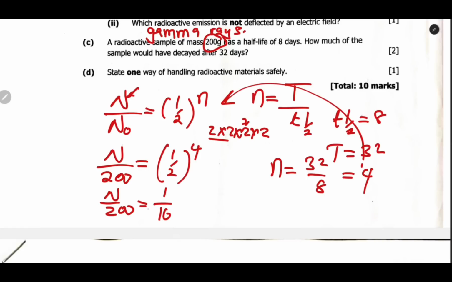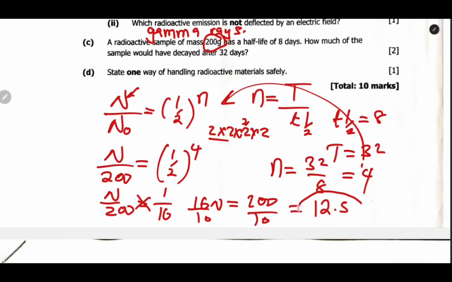Okay? Then you cross multiply, you're going to have 16N equals 200. If we divide here, divide there, I guess you're going to find 12.5. So this is the sample that remained. Now we subtract from the original.